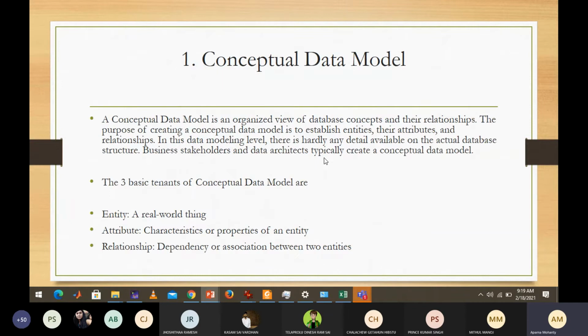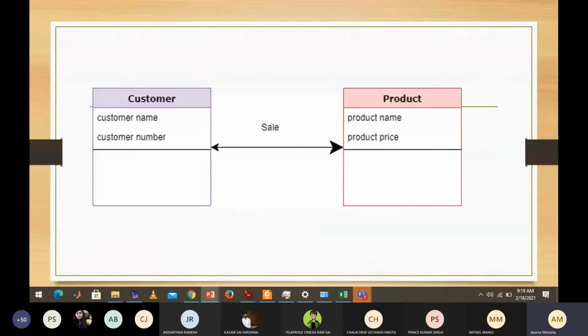So for the conceptual model, let me give you one simple example. Suppose you are creating a business where you have two entities. Sorry, not attributes, entities.